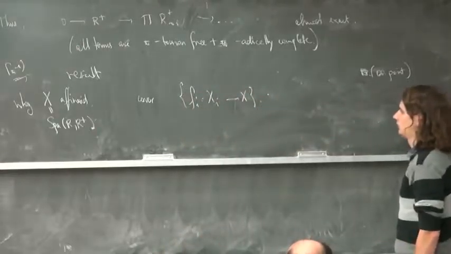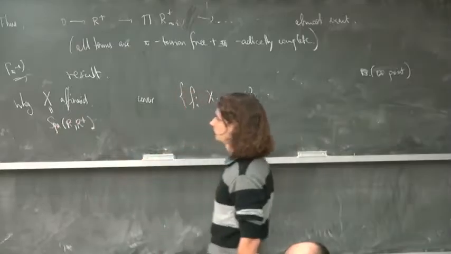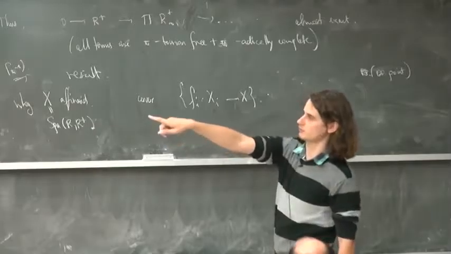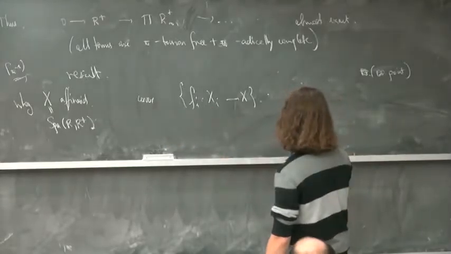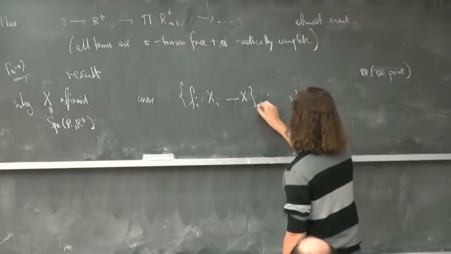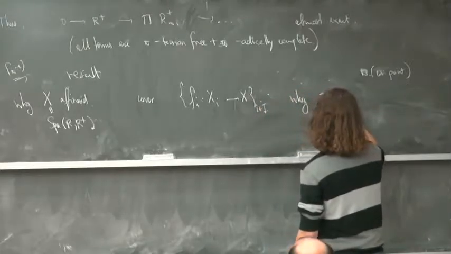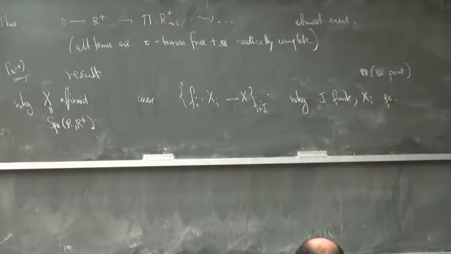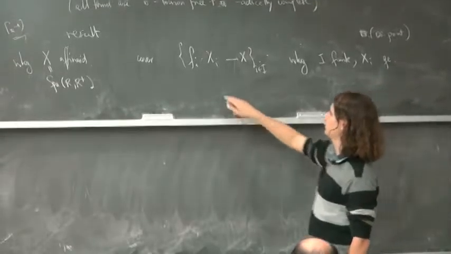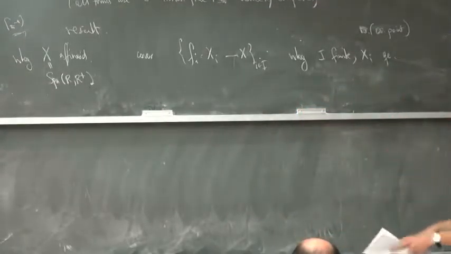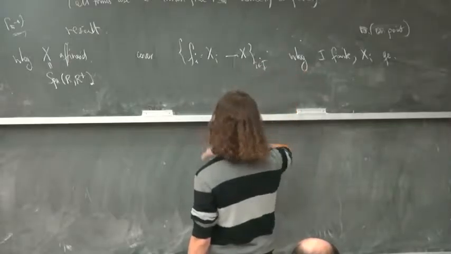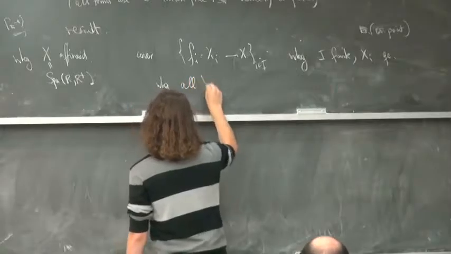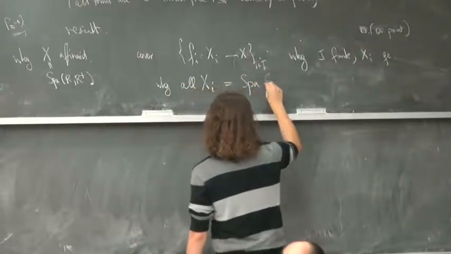Because X itself is a quasi-compact open, I can reduce to the case where there are only finitely many i, by this definition of cover, and the Xi are quasi-compact. But then each Xi admits a covering by affinoid open subsets, which have the standard form. And so, as all of them are quasi-compact, finitely many suffice. So all Xi are some space A infinity plus.